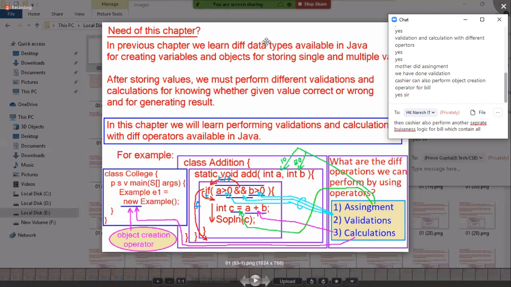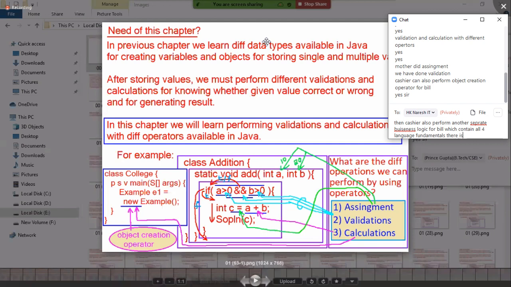Next, now your teeth are performing what operation? Validation and calculation both. What is the validation? Whether any stones are coming. Okay, now if no stones are there, making it into a paste, that is called what? Calculation. Throwing it inside the stomach.